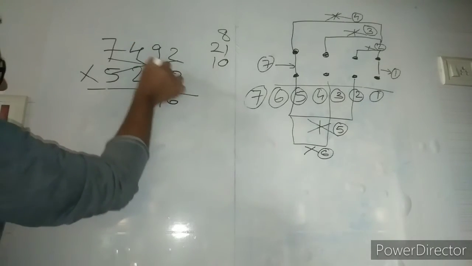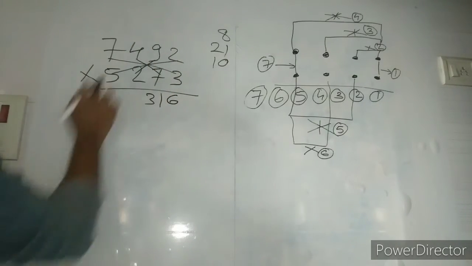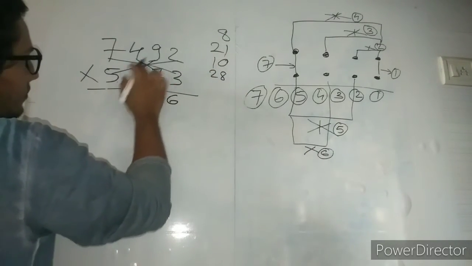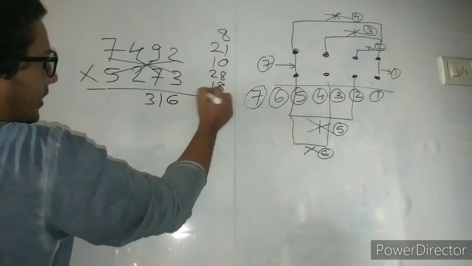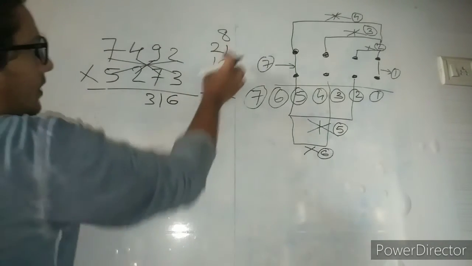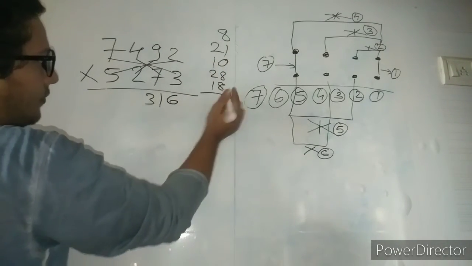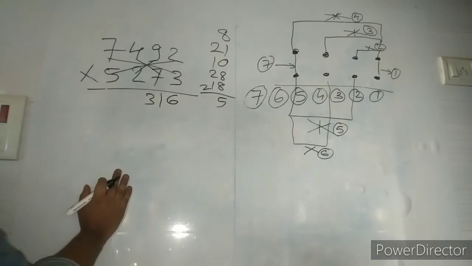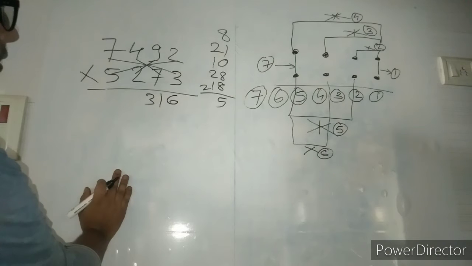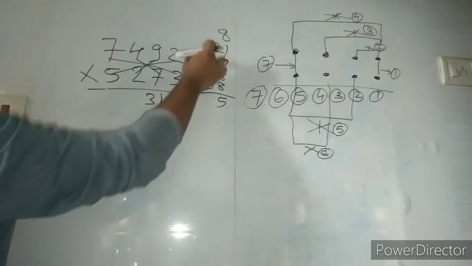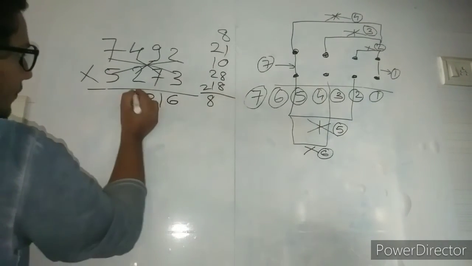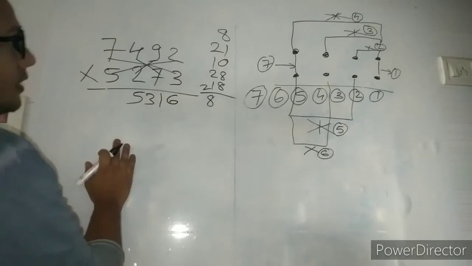Next, these two numbers cross multiplication, 4 7s are 28, 9 2s are 18. Add all these numbers, 8 plus 1 is 9, plus 10 is 19, and 16, 25, 2 here. So 2 plus 3 is 5, 3 and 8, 85. 5 here, again 8 carry forward.